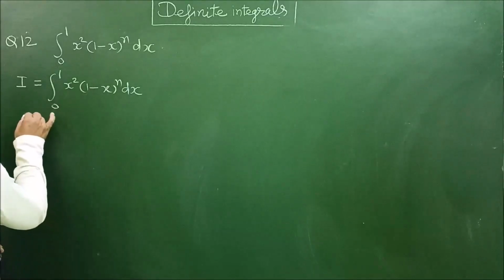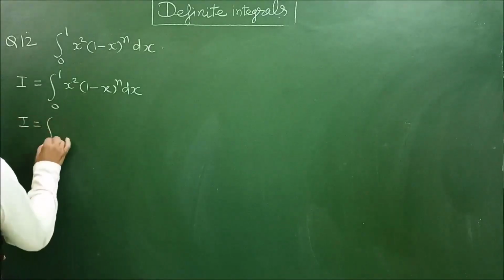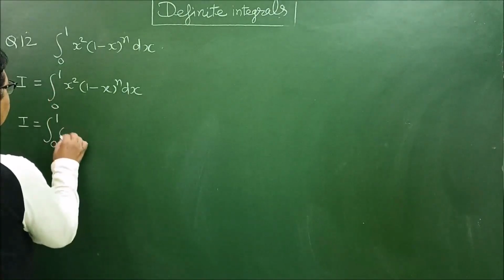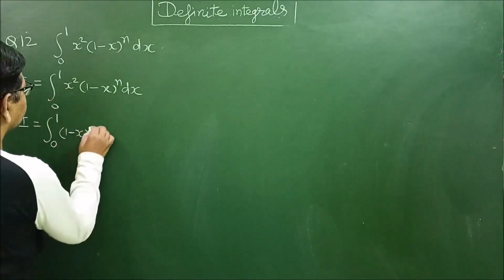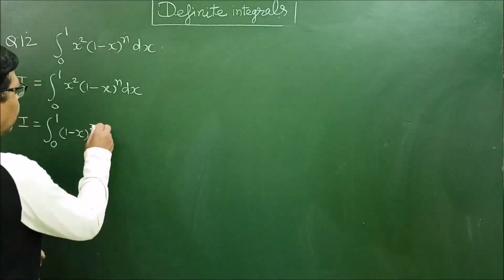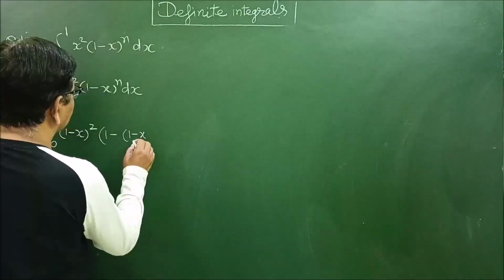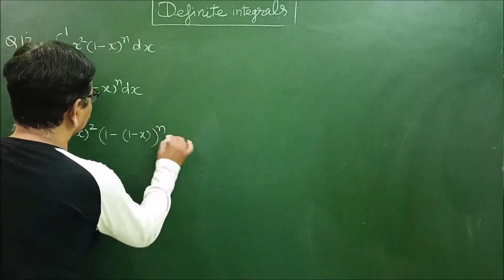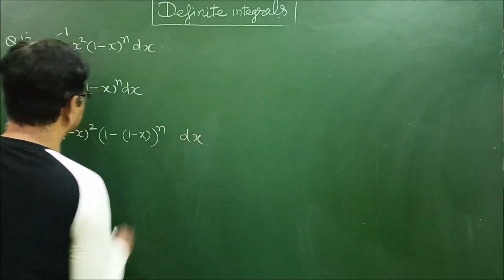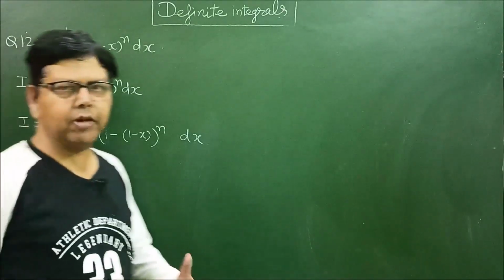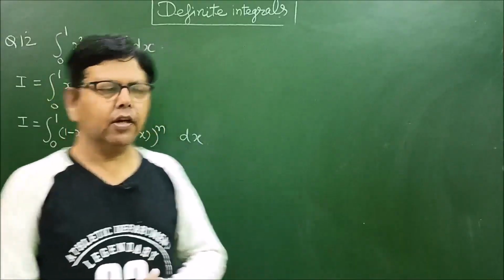So I will be equal to integral from 0 to 1, replacing x by 1 minus x here, of (1 minus x) whole square and 1 minus (1 minus x) whole power n dx. So here I have replaced x by 1 minus x in the original function.